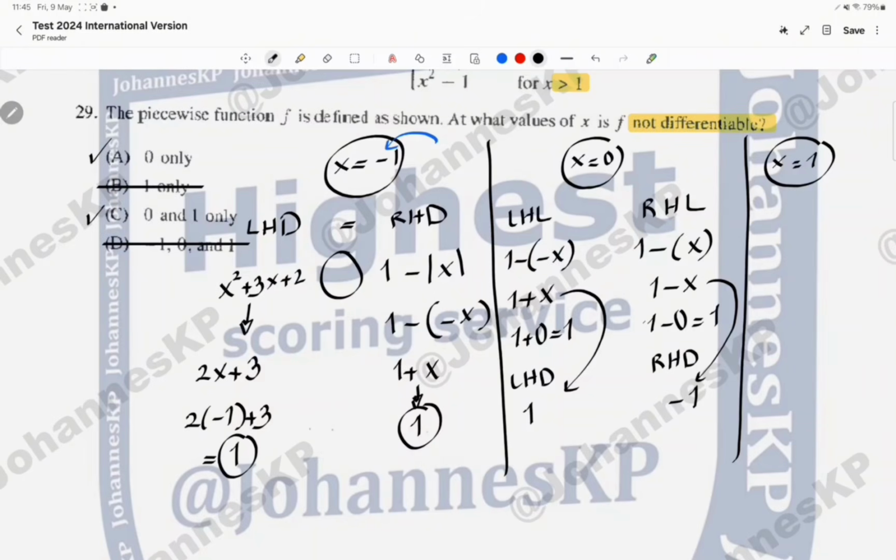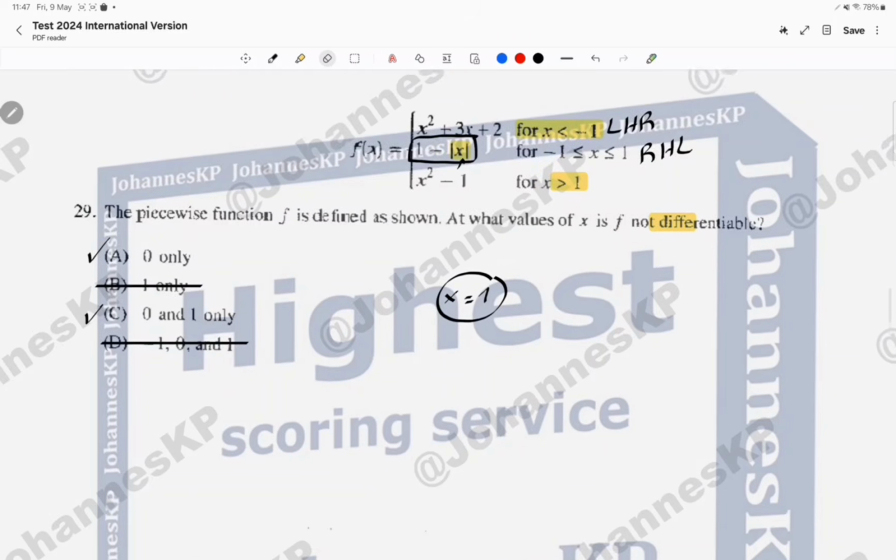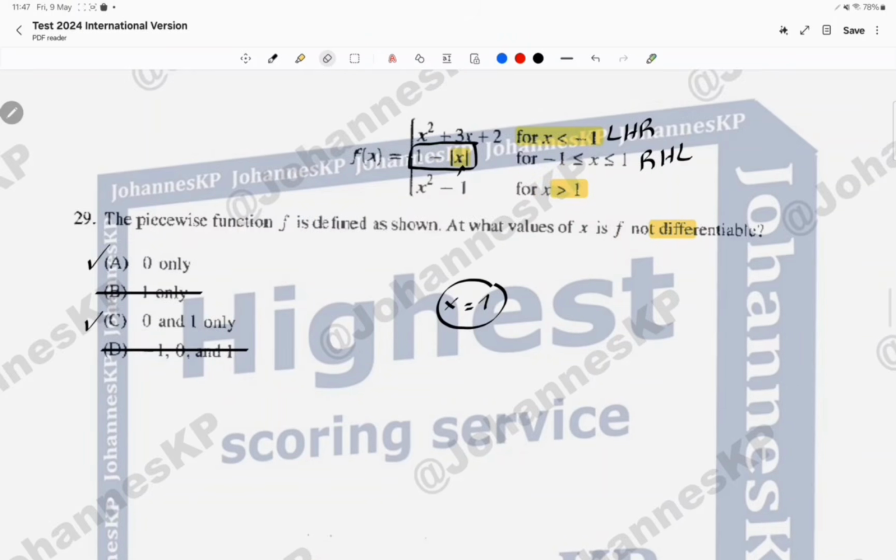Okay? Now we just have to check the continuity and also differentiability at x of 1. Let's erase some stuff. Yeah. So let's check the continuity at x of 1. Let's check the left-hand limit and right-hand limit.